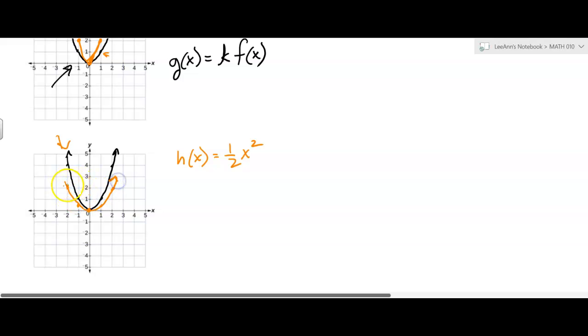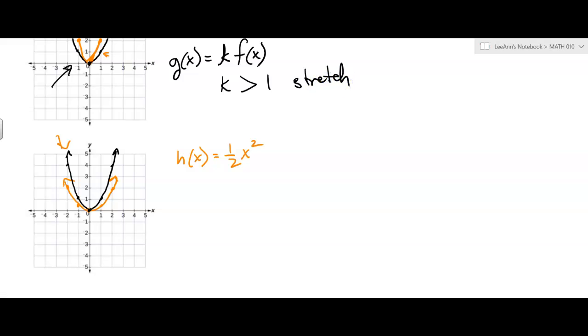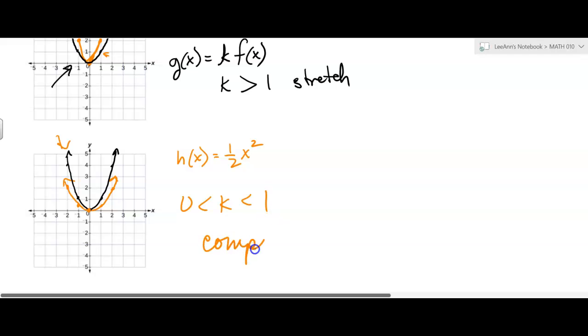So you get this parabola shape, but it's like somebody sat on the parabola, like they squished it. Okay? So for a stretch, if k is greater than 1, you're going to get a stretch. If k is between 0 and 1, you're going to get a compression.